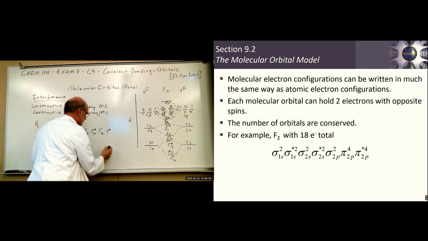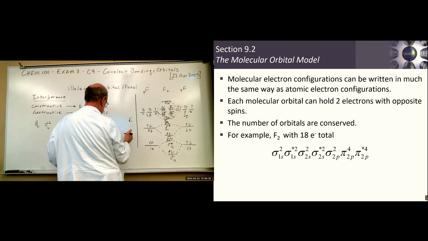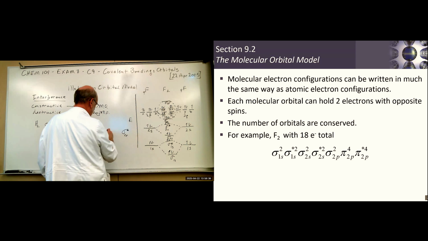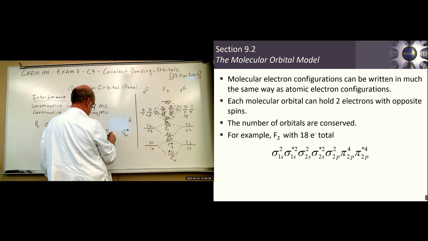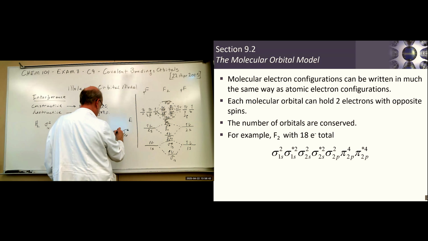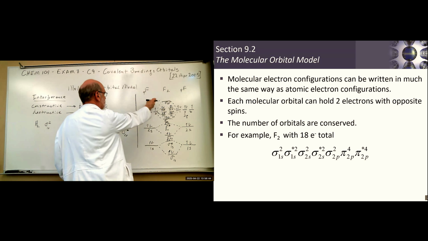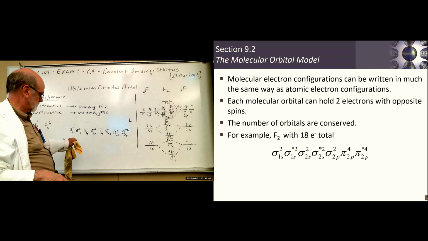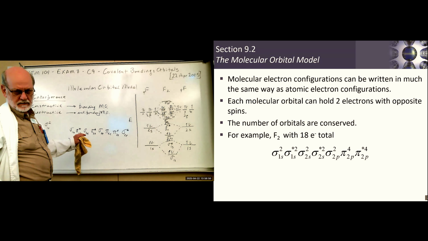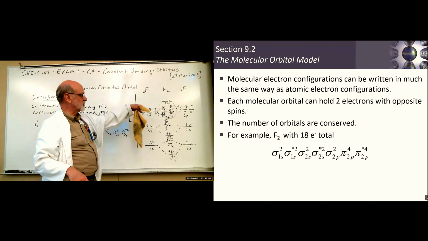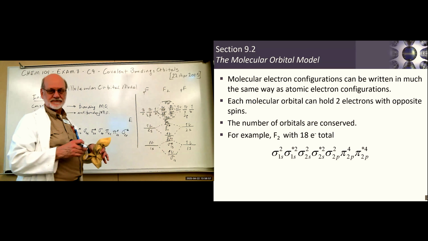Nope. That's higher energy. That sigma star comes out here from the 2p. Then we would have the pi from the 2p and the pi star from the 2p, and then the sigma star from the 2p. There we go. That should be the correct order. Oh, it left out this one because there are no electrons in it.